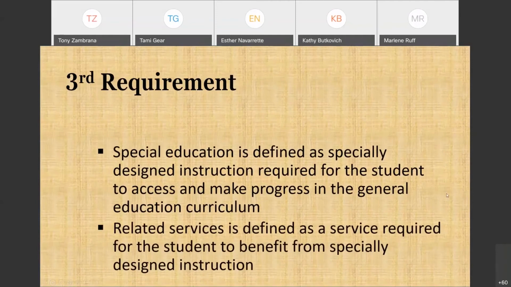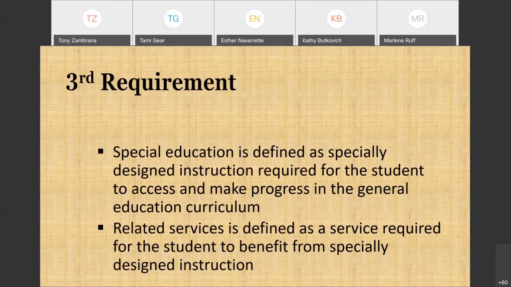And then related services is defined as a service required for the student to benefit from specially designed instruction. So that may be occupational therapy, physical therapy, speech. Maybe if they have a visual impairment, they need orientation and mobility services.